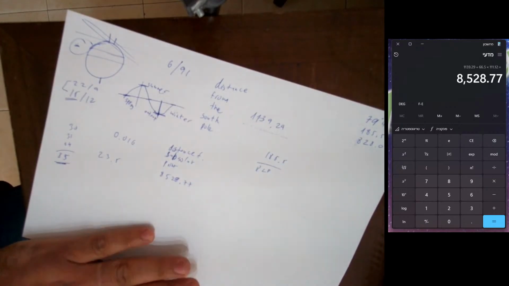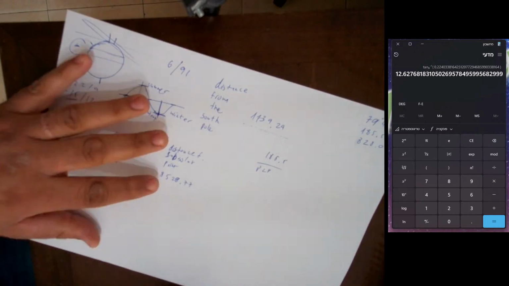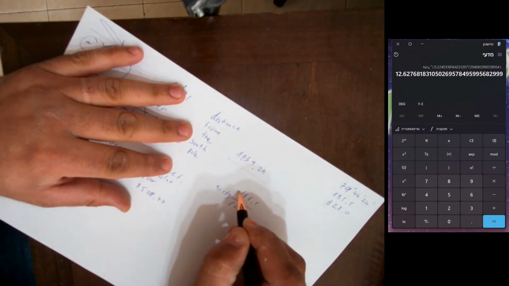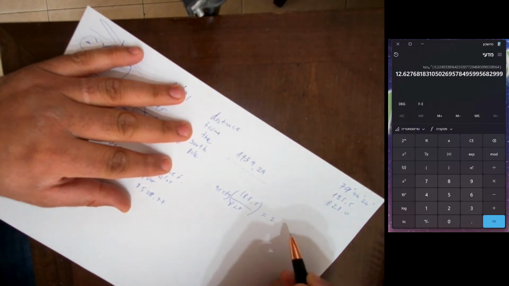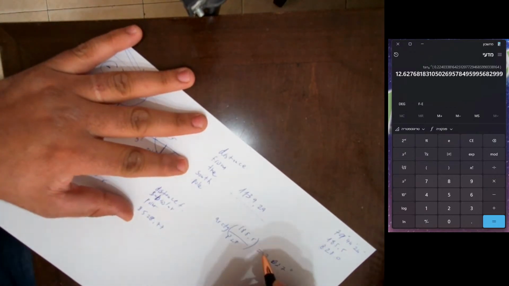So we need to take the arctangent. So 185.5 over 828, arctangent. We get 12 degrees, 12.627 degrees.